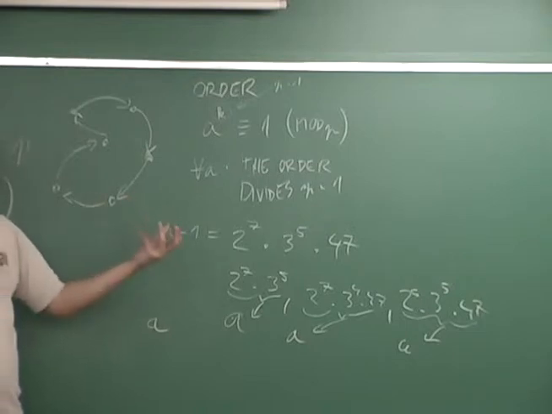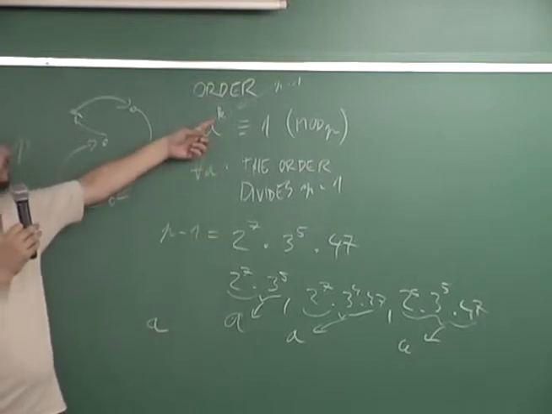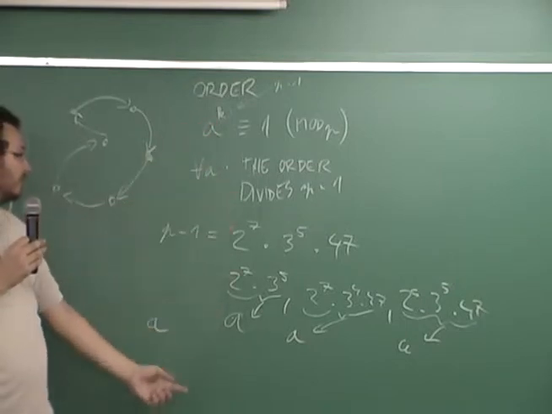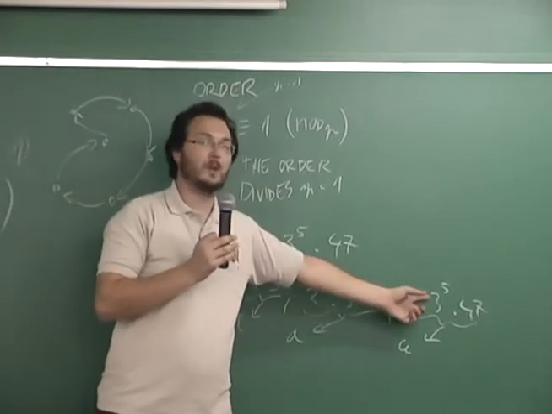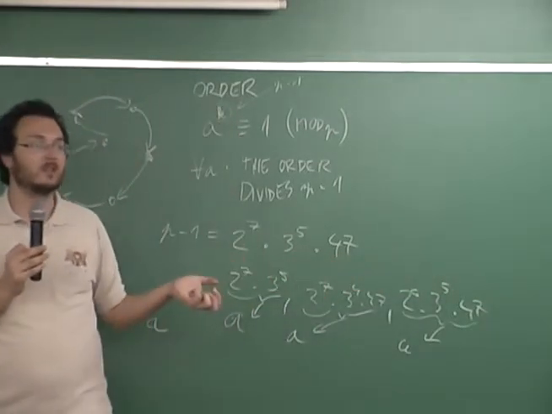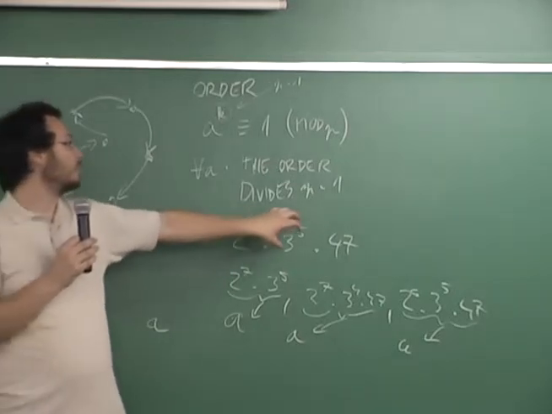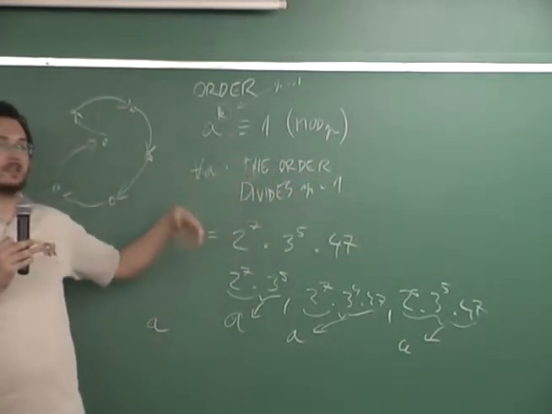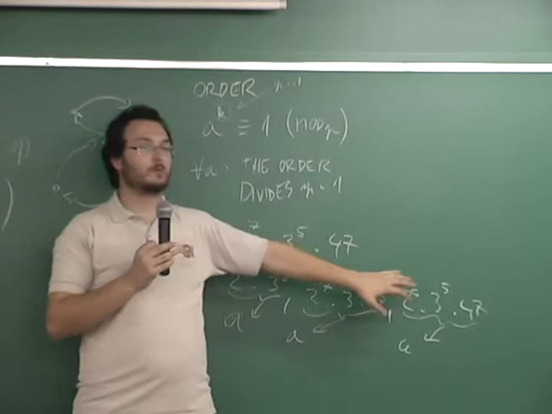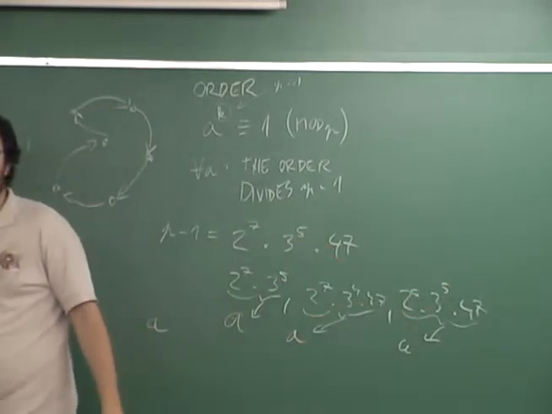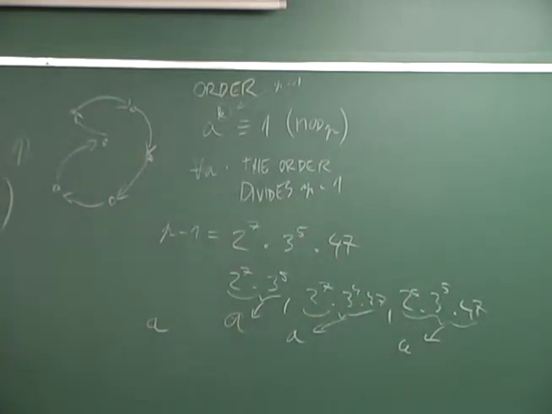On the other hand, if a is not a generator, then its order divides p minus 1, and it has to divide one of these values or be equal to exactly one of these values. So what we did is, for each prime, we tried removing it, and this gave us the set of almost maximal divisors. So this gives us a nice simple test whether something is a generator.